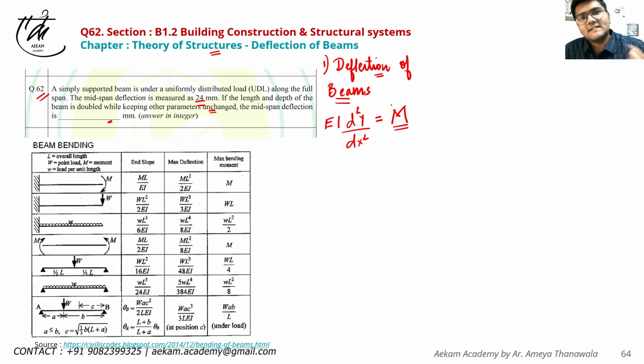We'll dive deep into a separate video regarding deflection and behaviors of beams. But for now, here is a table which is very helpful for students. I would suggest you make your own chart with the support conditions for the beam: simply supported beam, cantilever beam, simply supported with a point load, simply supported with a UDL, fixed beam, and continuous beams.